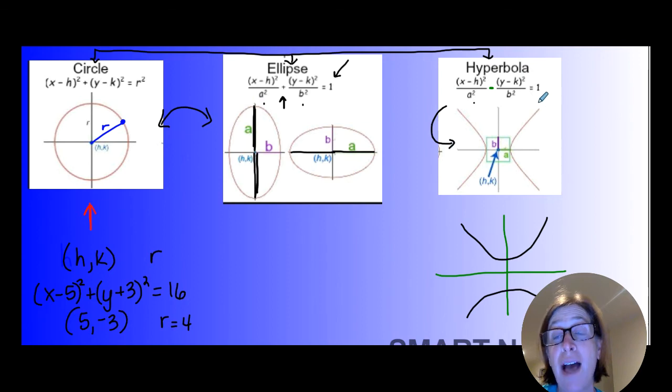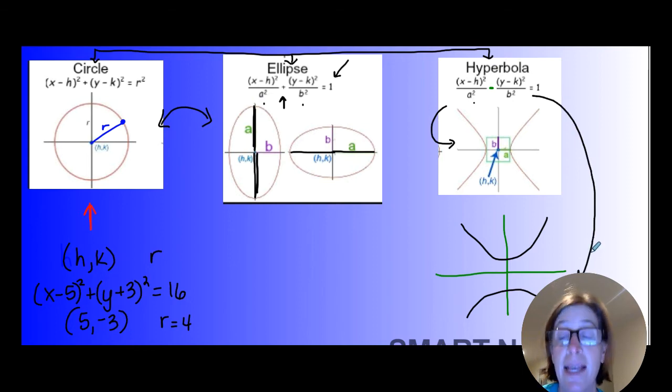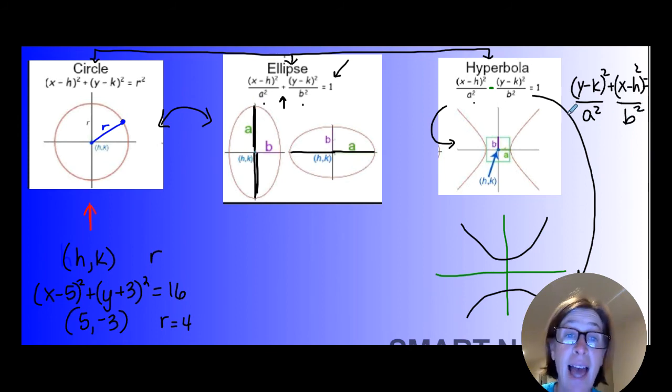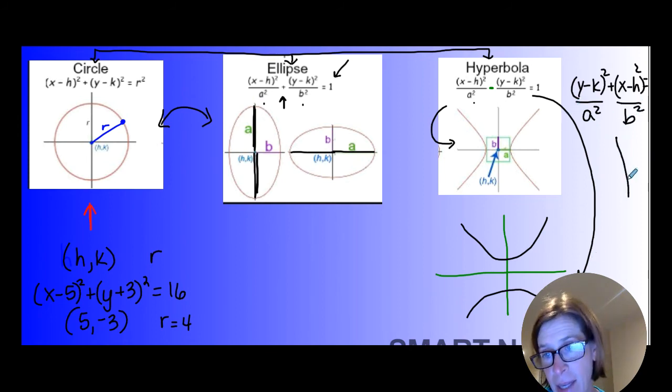If the larger value squared lies under the y, it would look like this. If the y is first, I could write y minus k squared plus x minus h squared equals 1 all over a squared and b squared. If I write it like that, then it would look like this.